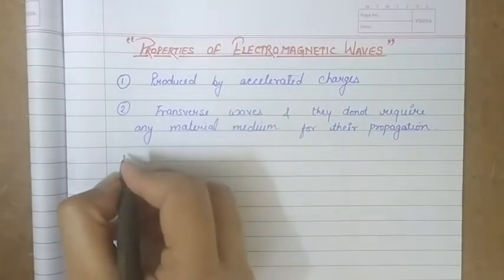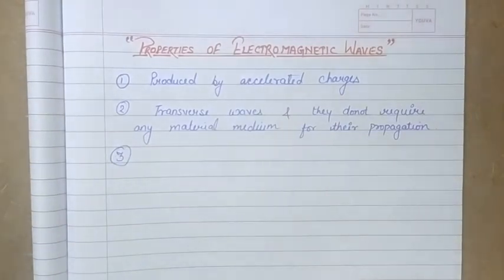In an electromagnetic wave, both electric field vector and magnetic field vector are present. That's why we call them electromagnetic. And the directions of oscillation of these field vectors are perpendicular to each other, as well as mutually perpendicular to the direction of propagation.